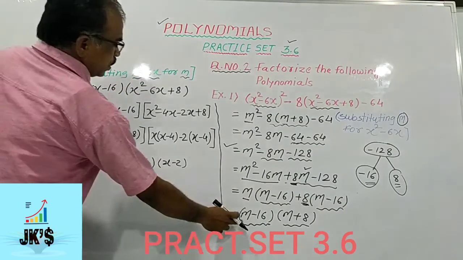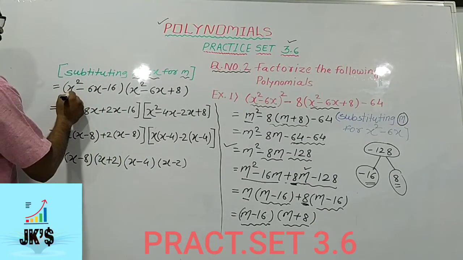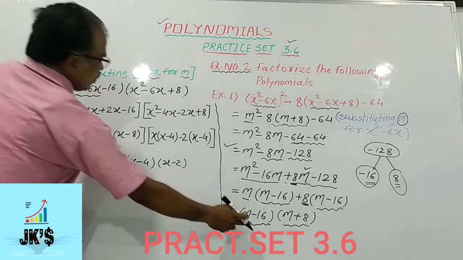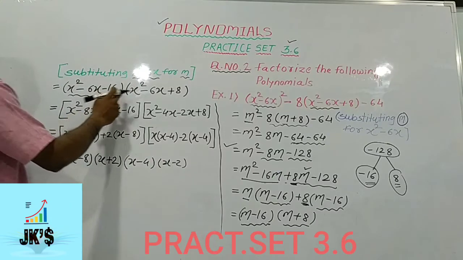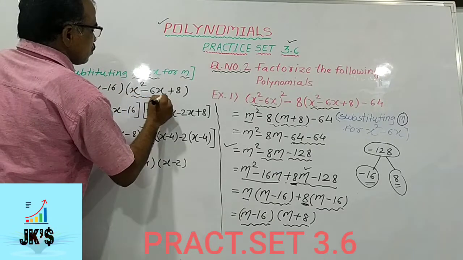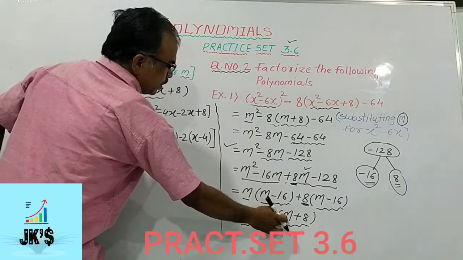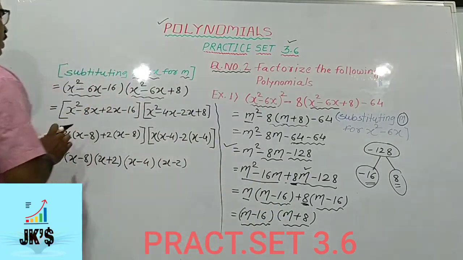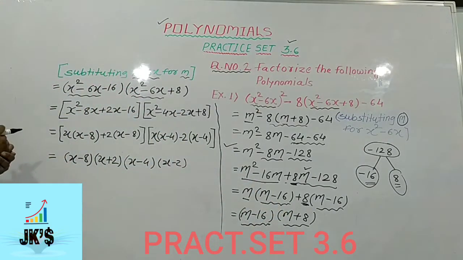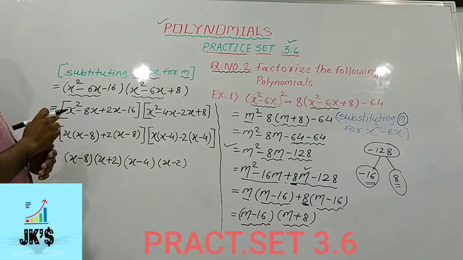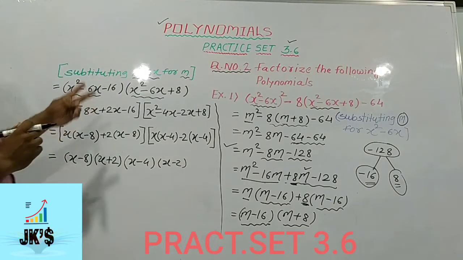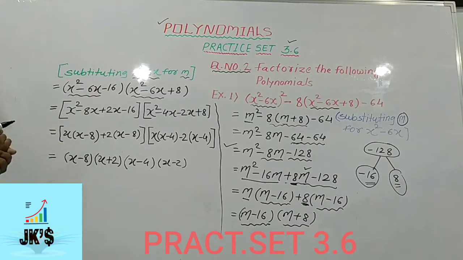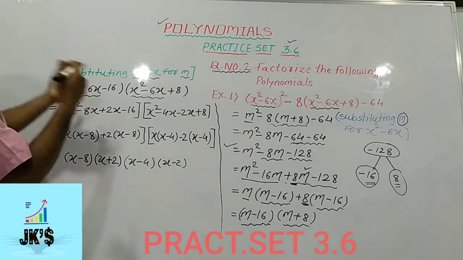Here this is m, so x square minus 6x minus 16 as it is. Again x square minus 6x instead of this m, plus 8 as it is. When we see these two brackets, we get two quadratic trinomials. So we factorize them.